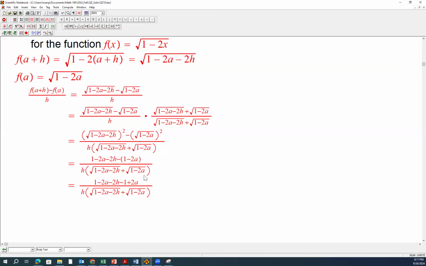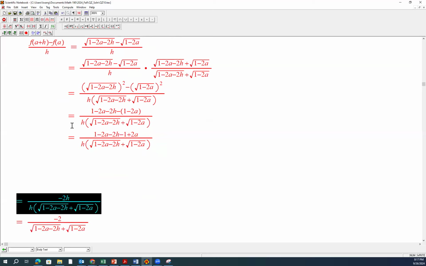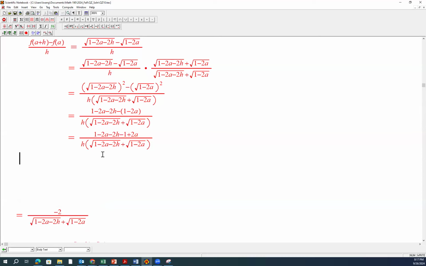Subtracting 1 plus 2a, so this is from applying the negative sign to every term inside the parentheses. So we got that, and reducing it, we have -2h.